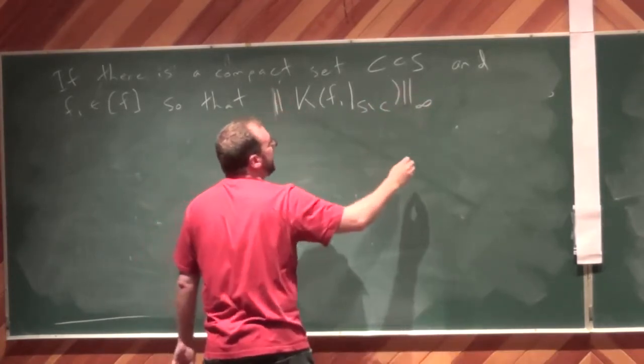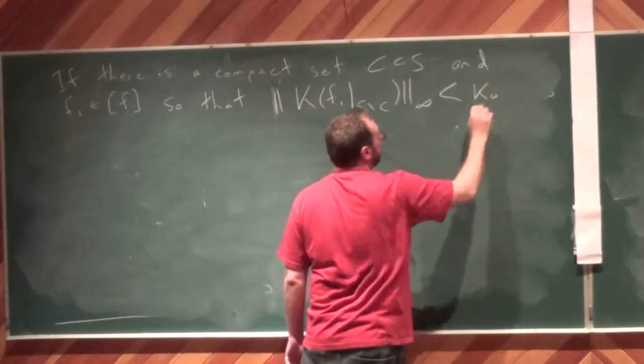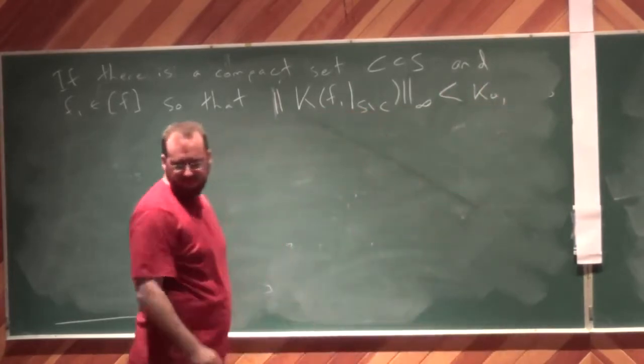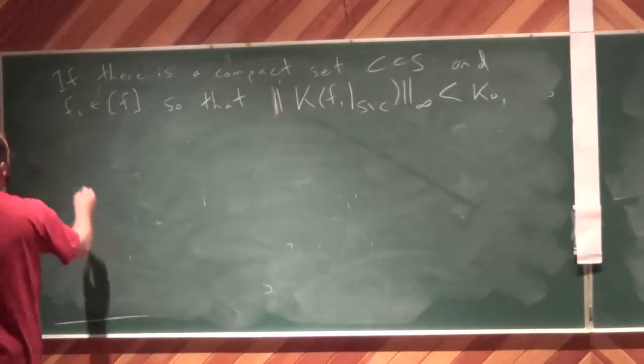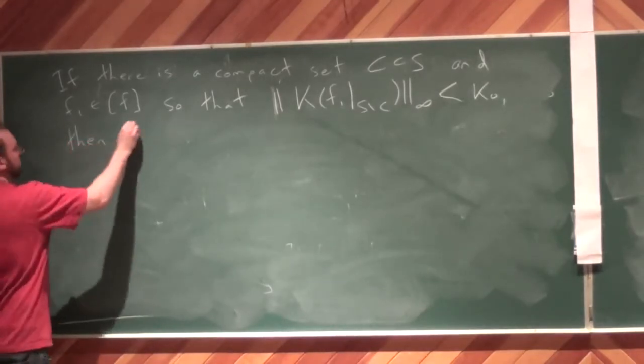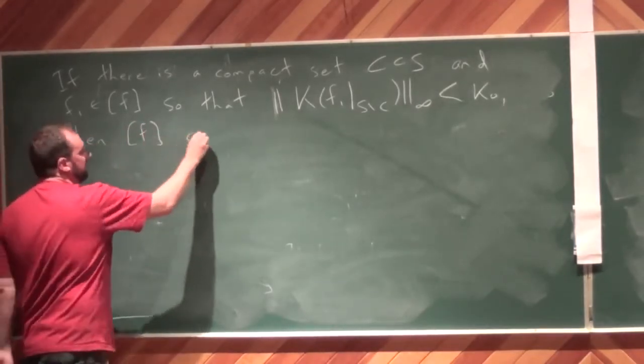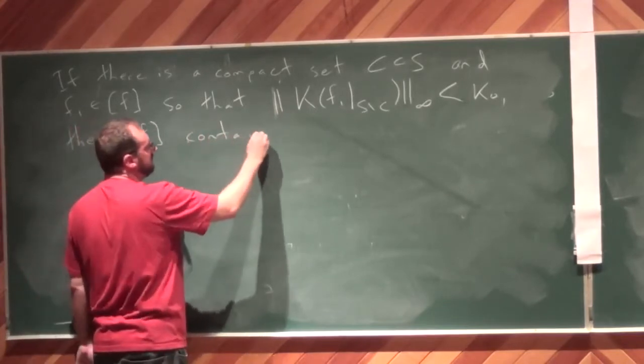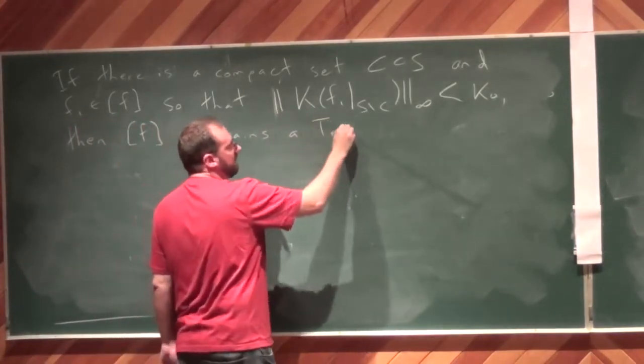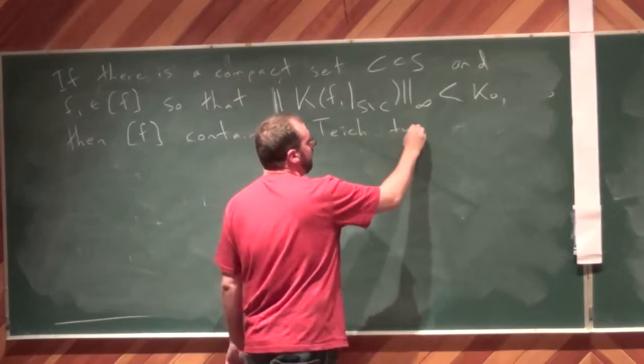Sub-norm, if that is strictly less than K0, then our equivalence class contains a Teichmüller type map.